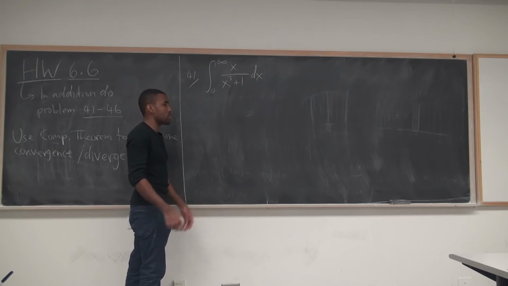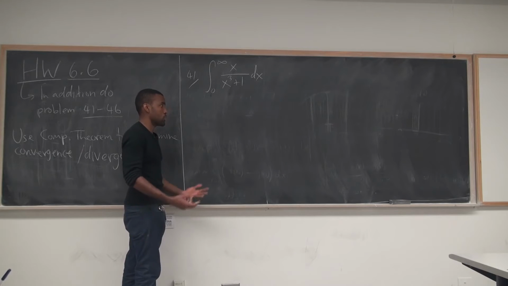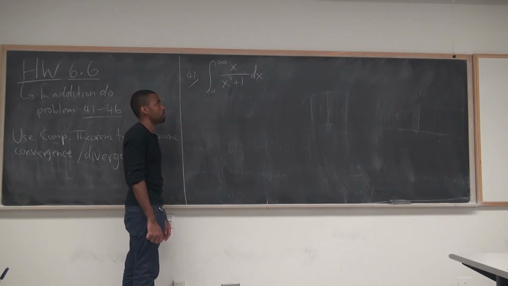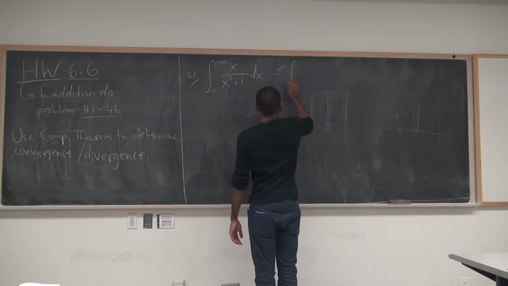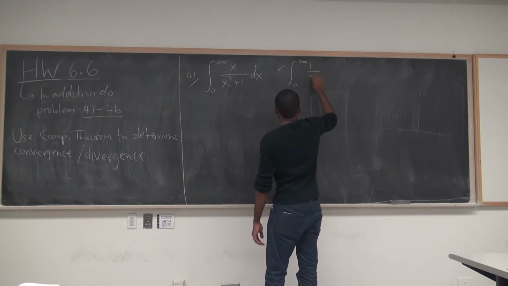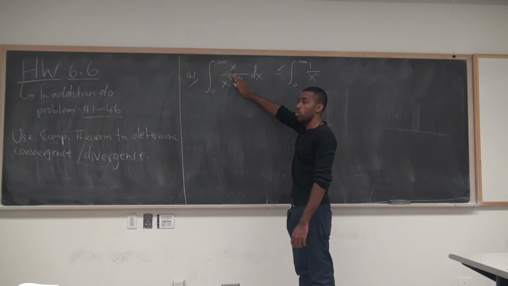So I would guess he would converge, but how would I actually show it converges by a comparison? Comparison with 1 over x squared. Sure, this is definitely less than or equal to the integral from 0 to infinity of 1 over x squared, by just getting rid of the 1.